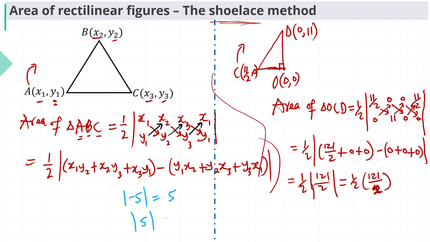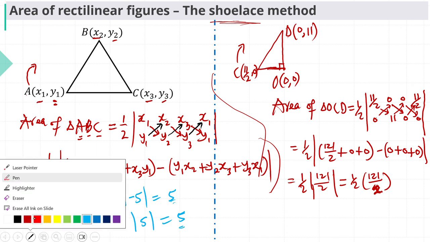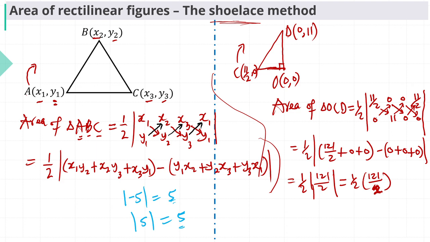Absolute of positive 5 equals 5. Absolute of a value means that we are just interested in the positive value. Just change the sign to positive. Okay, so let's proceed with our solving. Absolute of 121 divided by 2 is 121 divided by 2.